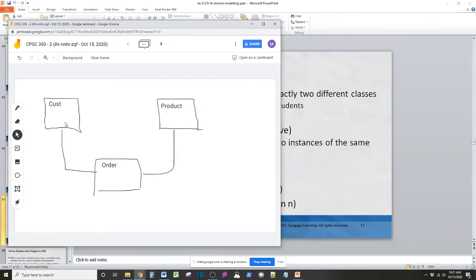So the first thing you do is determine the cardinality. So you would say a customer can place many orders, and a single order is placed by one customer. So I would draw out the cardinality for that.